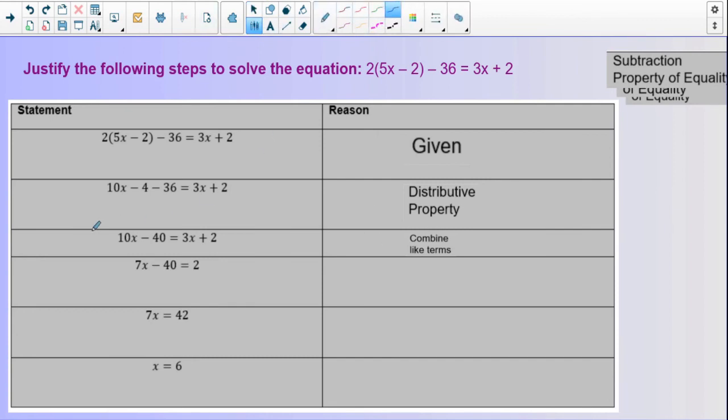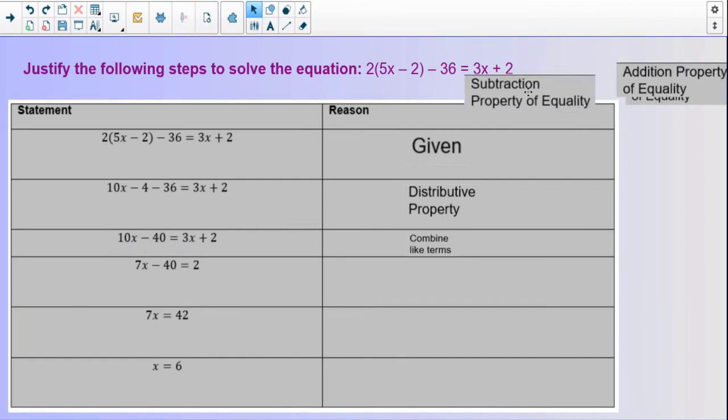On the next one, let's see what changed from step 3 to step 4. Here it looks like all we really did was subtract this 3x. So we did 3x minus 3x to this side to get all of our x's together there. And that's all we really changed. That's called the subtraction property, or you could say the subtraction property of equality.